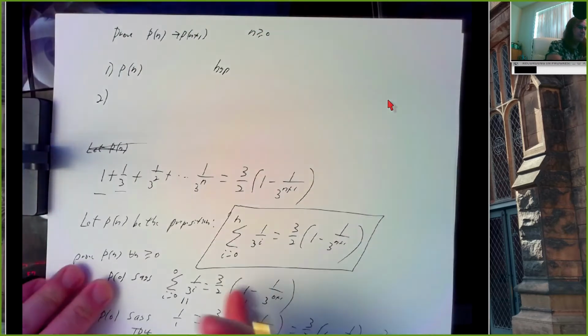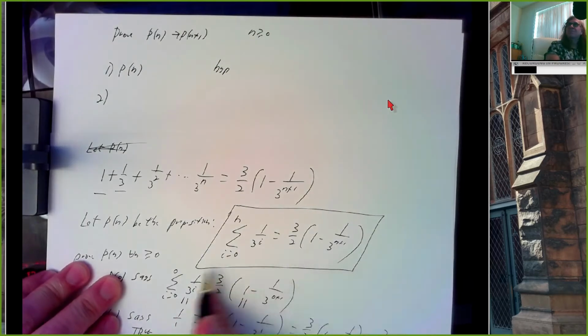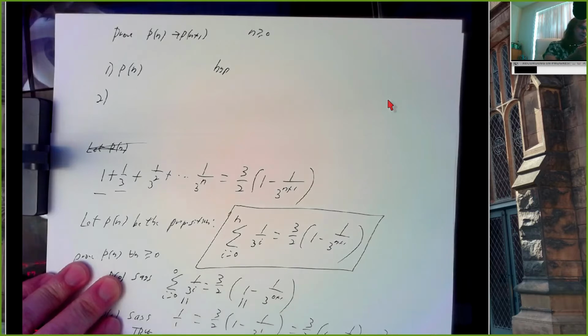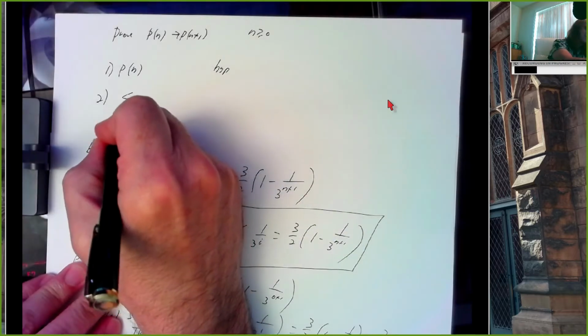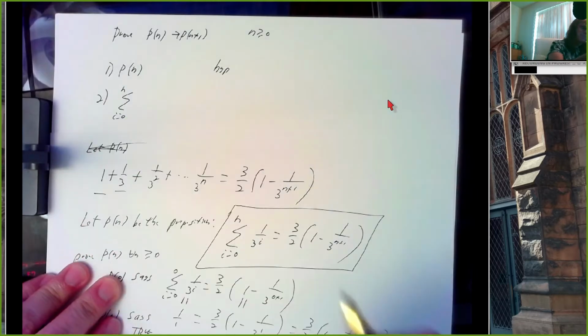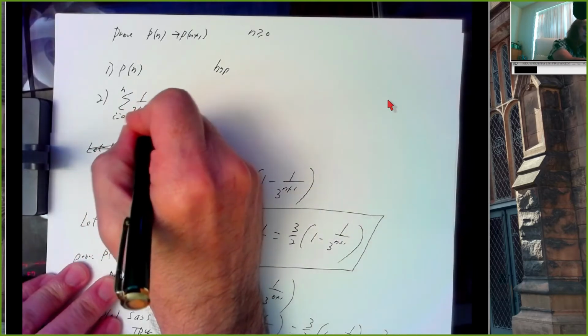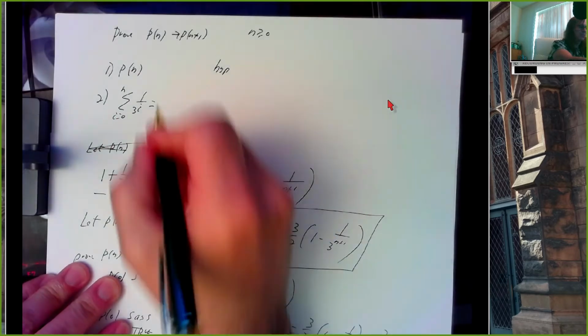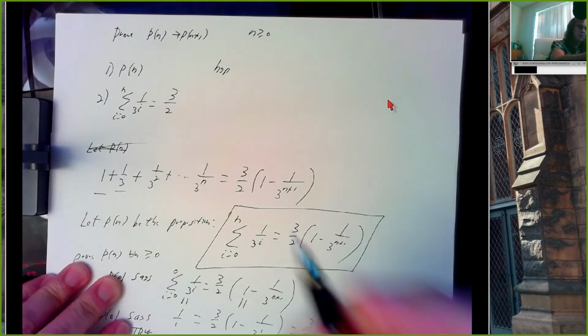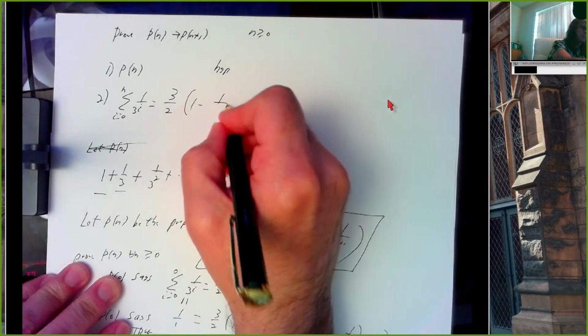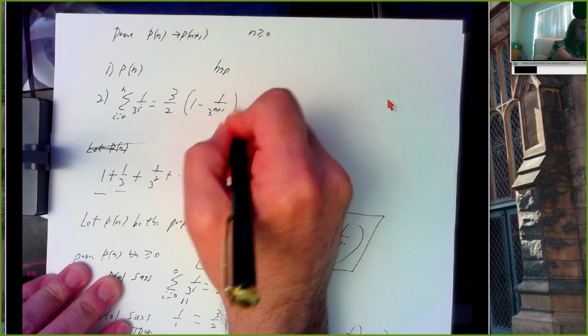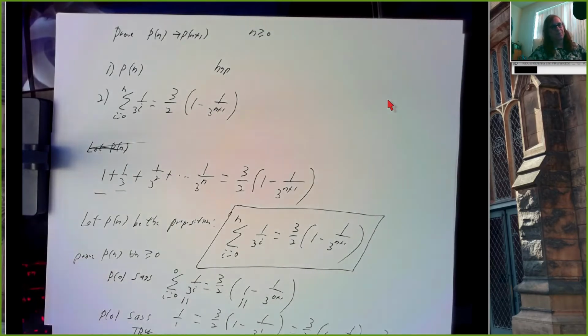Step 2 will say what P of n is, and I'm going to use this more written out explanation of P of n, which is the sum from i equals 0 to n of 1 over 3 to the i is equal to this big mess on the right, 3 halves times 1 minus 1 over 3 to the n plus 1.